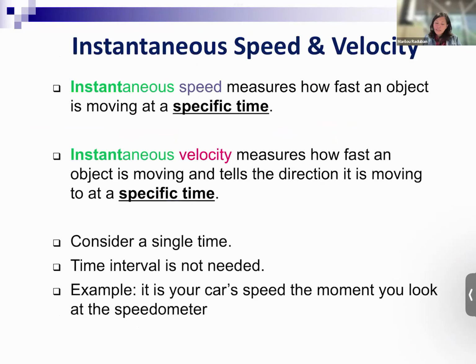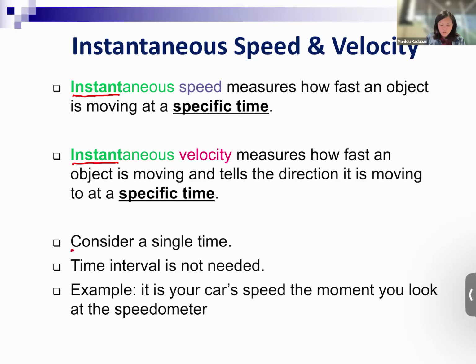Now for instantaneous speed and instantaneous velocity, the key word here is instant. So when we want to find the instantaneous speed and instantaneous velocity, we're looking at the speed and velocity at a specific time, at a single instant of time.